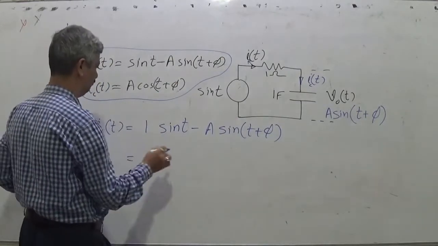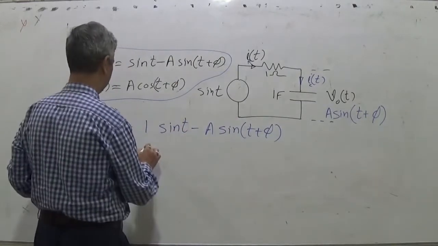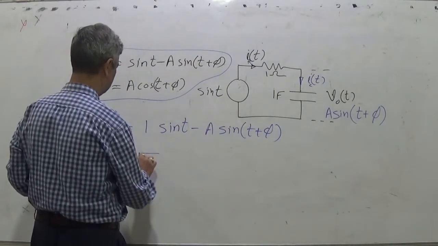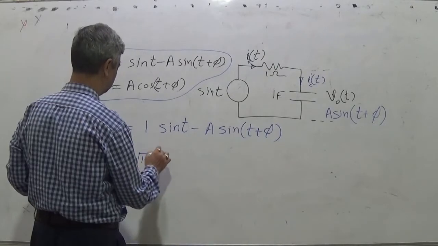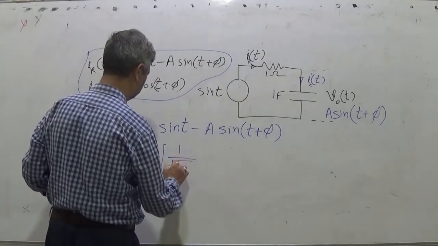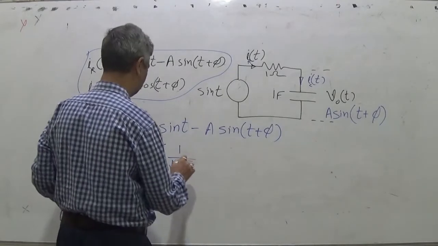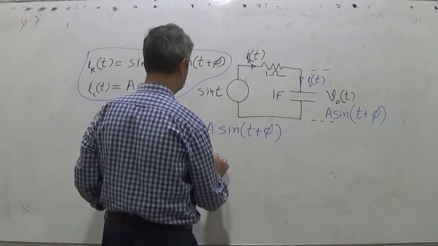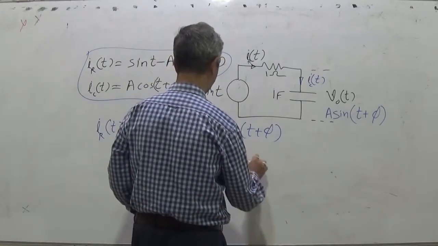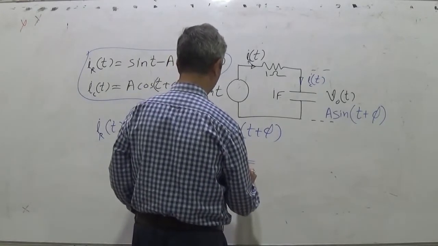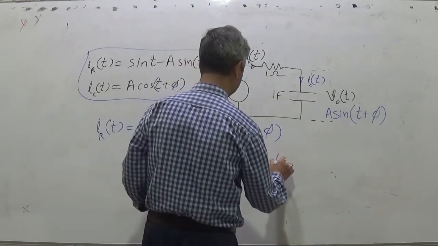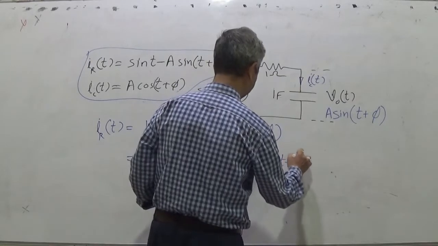So I hope you might be aware, I can write under root 1 plus A square, 1 upon under root 1 plus A square sin t minus A upon under root 1 plus A square sin of (t plus phi).